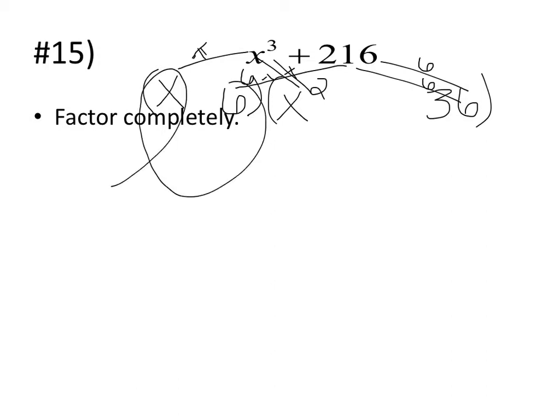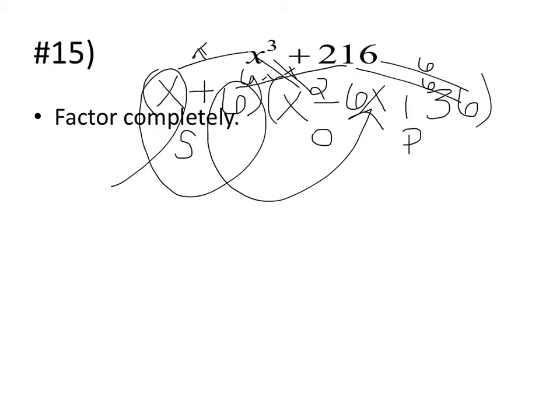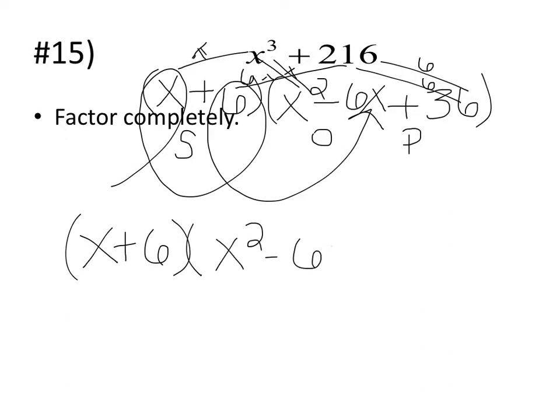Do your loops, because what's a roller coaster without some loops? You multiply. x times 6 gives me 6x. Now when you're on a roller coaster, you're either going to scream or puke. S for scream means same sign, O for or means opposite sign, and P means positive. So your answer is x plus 6 times x squared minus 6x plus 36.